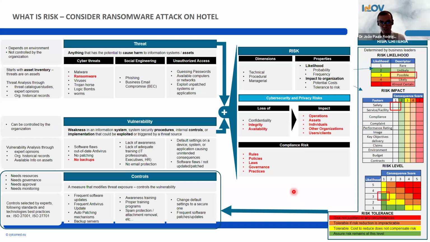Let's imagine that our organization is a hotel, and let's consider only the safety factor of the risk impact, right? A ransomware attack is possible in the hotel, but there are basically no safety issues to the clients. So the risk level would be in the green zone, and we have to assure that it remains at this level.